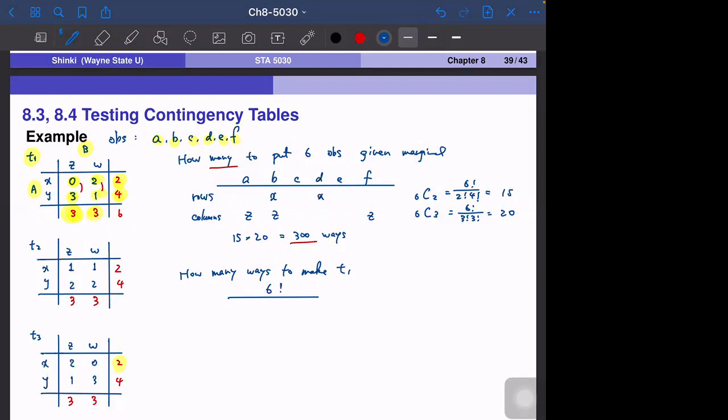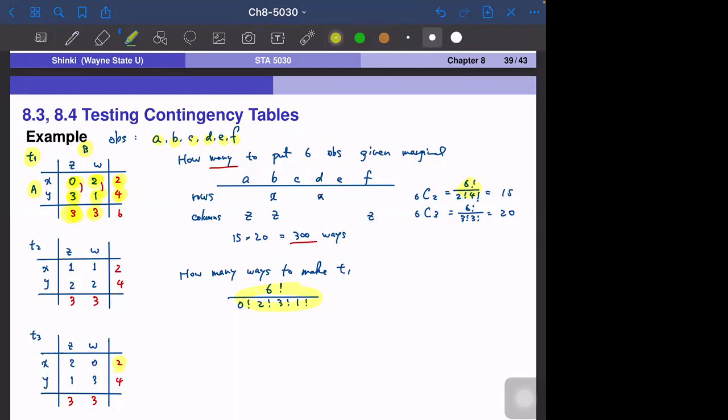Basically, we choose 0 observations here, 2 observations here, 3 observations here, and 1 observation here. So that is the multinomial case. The total number of ways to put A, B, C, D, E, F in this way is 6 factorial divided by 0 factorial, 2 factorial, 3 factorial, 1 factorial. If we have 2 terms, this is a combination, but if we have multiple terms, that is this number.